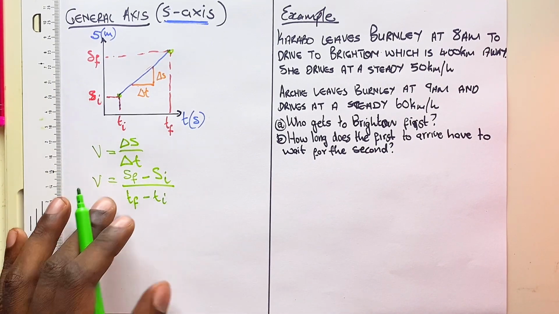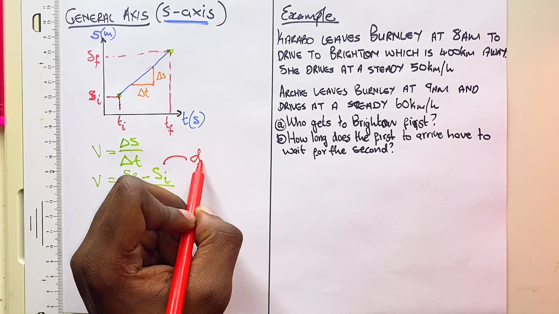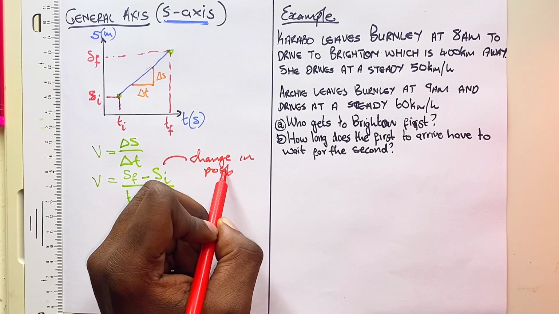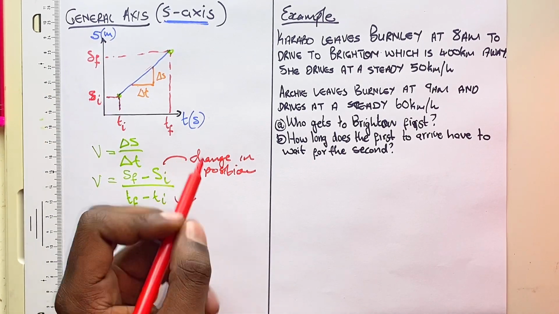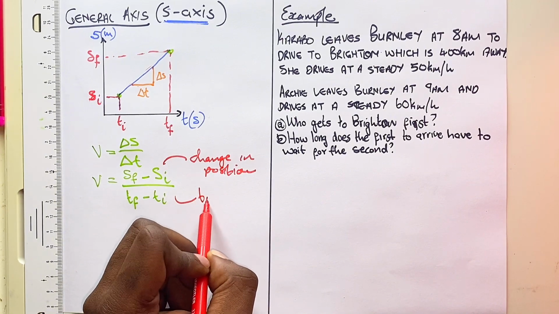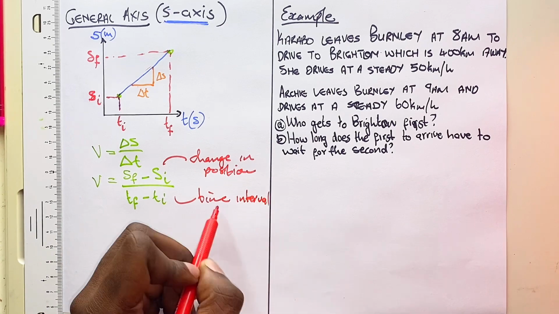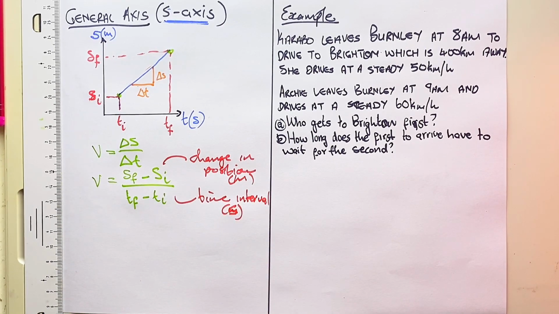The numerator gives us a change in position in our general axis, and our denominator gives us our time interval in seconds, with position in meters.